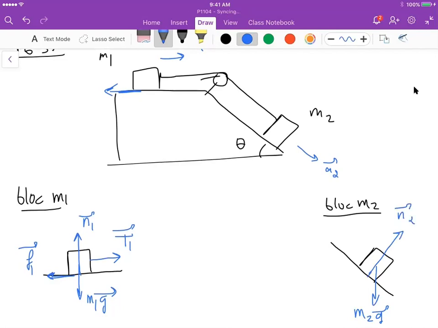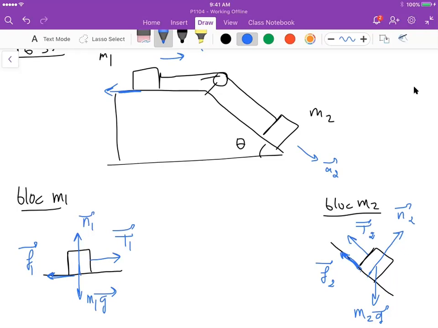Since the block M2 is going downward, the friction would be opposing the motion of block M2, so it's going to be upward with respect to the inclined plane. So F2 will be upward, and M2 is also connected with the string on the other side of the pulley. So we have the tension T2 also acting on the block in the upward direction.